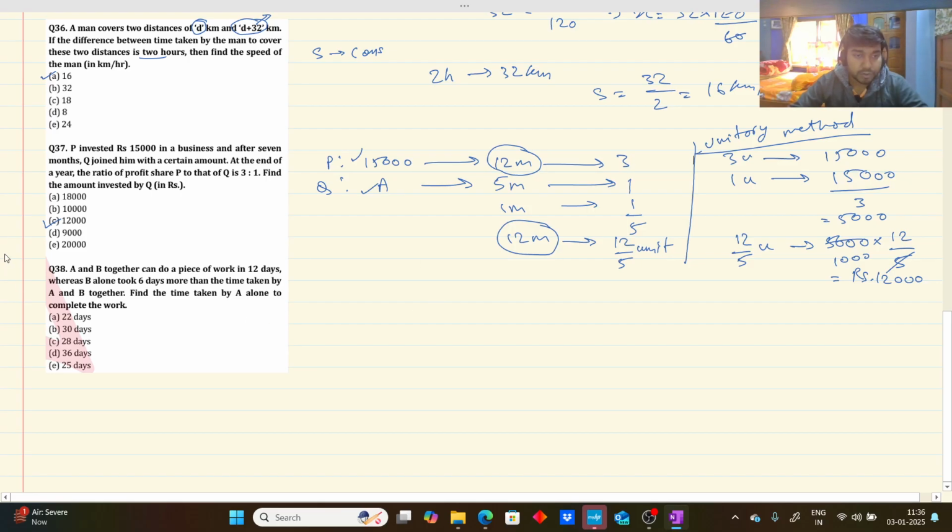A and B together can do a piece of work in 12 days, whereas B alone took 6 days more than the time taken by A and B together.